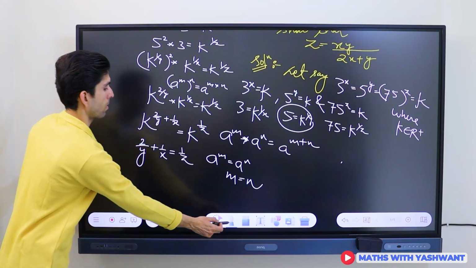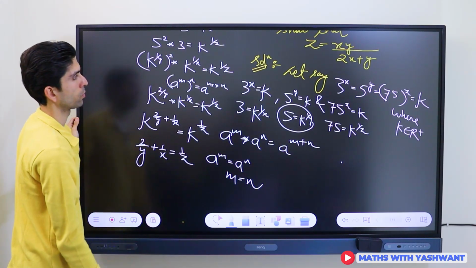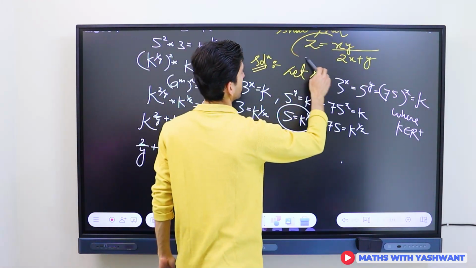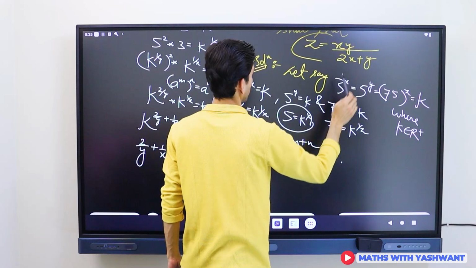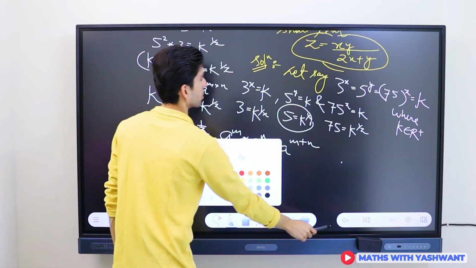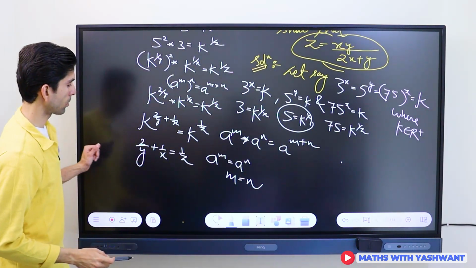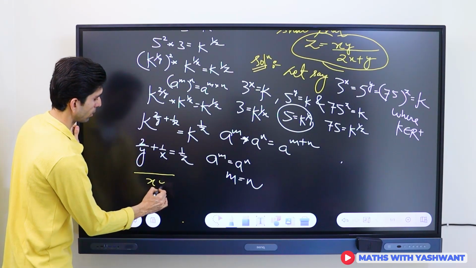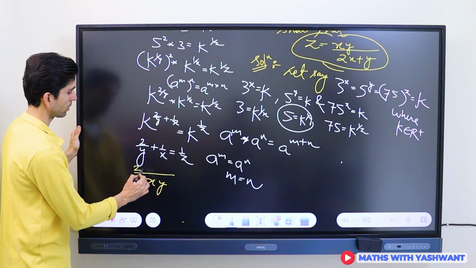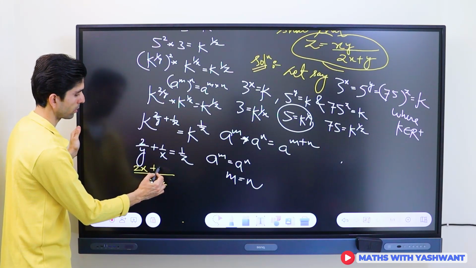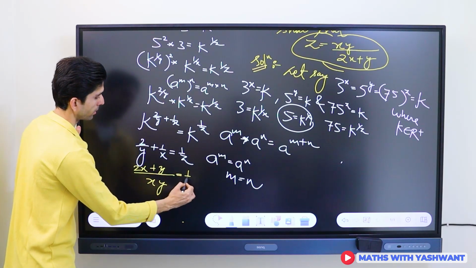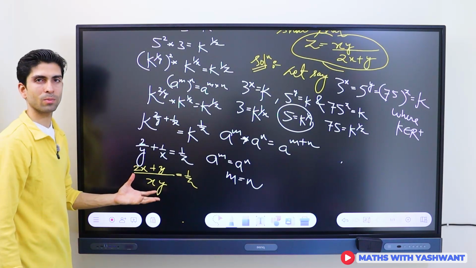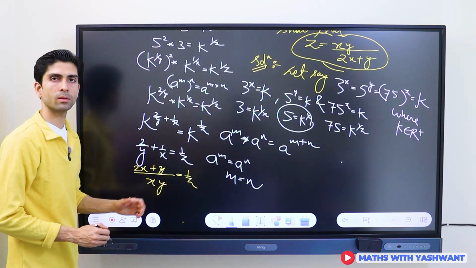Just observe carefully what we have to prove. We have to prove z equals xy upon 2x plus y, right? So we'll have to simplify it a little more. Just take the LCM. If you take the LCM, in the denominator you have xy, this will be 2x plus y, and this is your 1 by z. Just a simplification process, and I hope you all are comfortable with this.